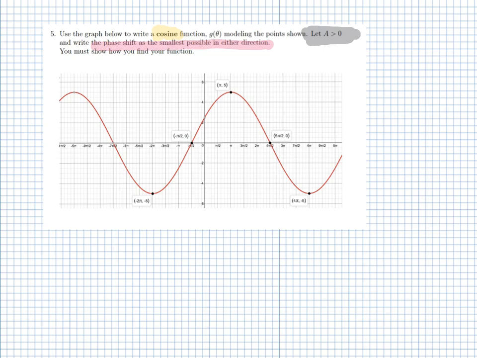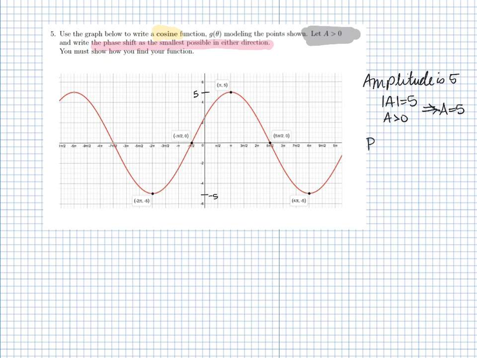So let's start unpacking this to see what we know. We know that the amplitude, we go up here to 5, we go down here to negative 5. So because they are the same number, we know that the amplitude is 5. So we know the absolute value of a must be 5, but we know that a is greater than 0, so a is actually 5.